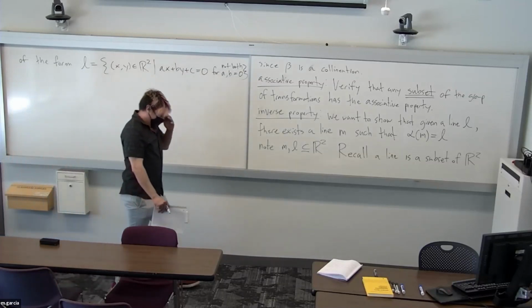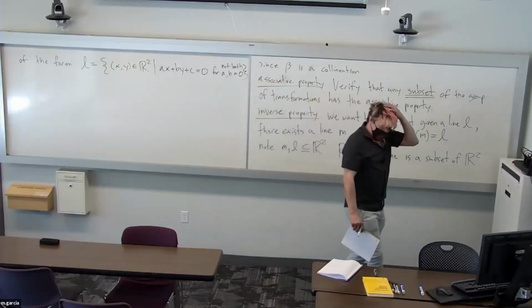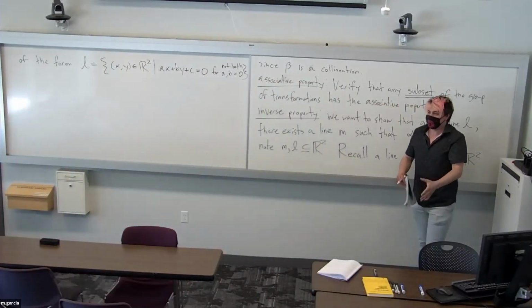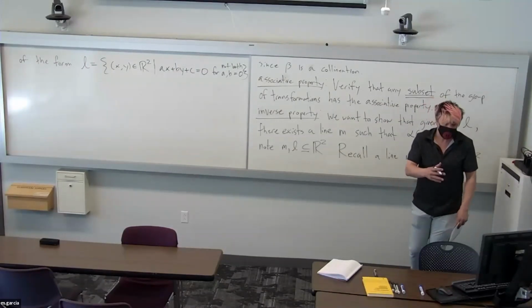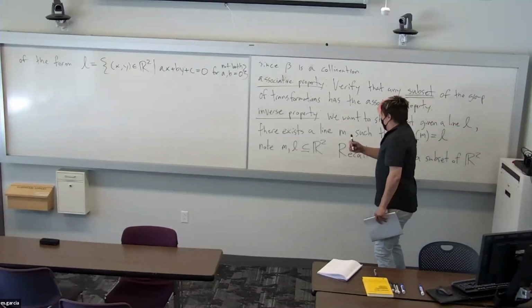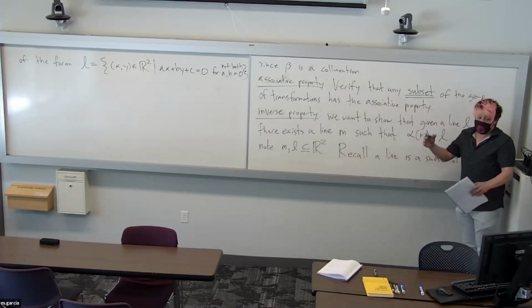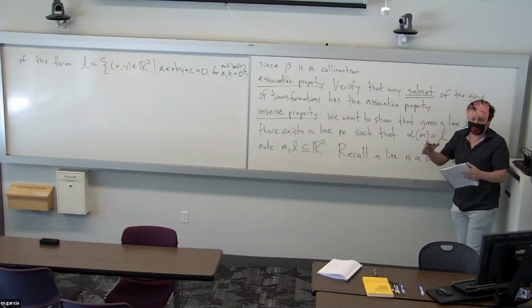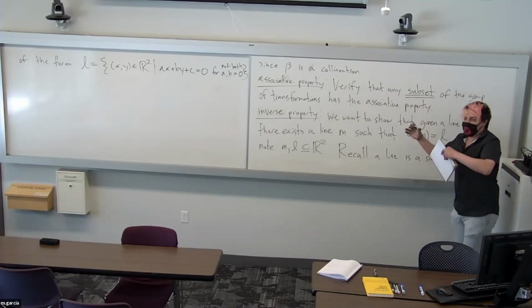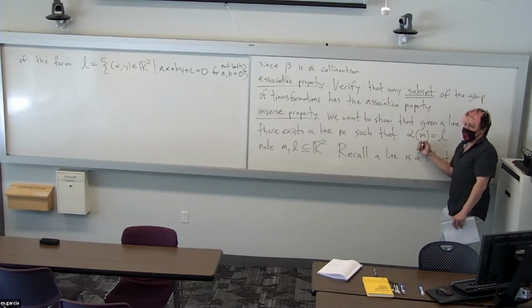Got it. Okay, that makes sense. Yeah, I'm telling you, this caused me profound confusion for many years. I'm glad you're asking. So when I write alpha of M, I'm looking at all the points in the plane that alpha maps all the points in M to.